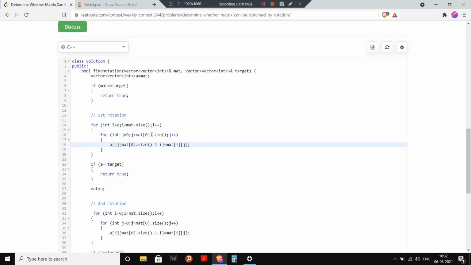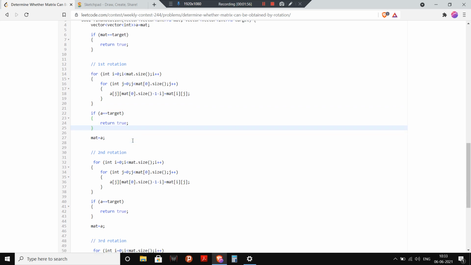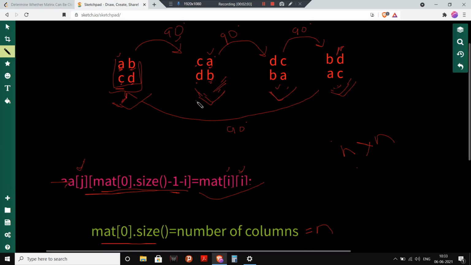Then I am writing the relation that I have explained here: the mat of i j becomes the a of j, mat 0 dot size minus 1 minus i. And if this matrix becomes equal to the target matrix, then I will return true. Otherwise, this will become my new initial matrix, because I am supposed to rotate the initial matrix.